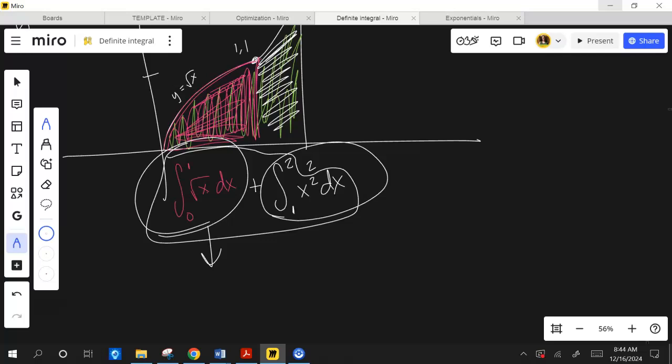It'd be antiderivative, top minus bottom, yes, from 0 to 1. I got 0.66668.